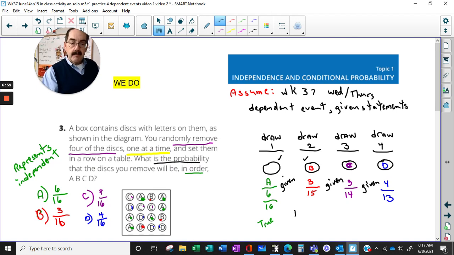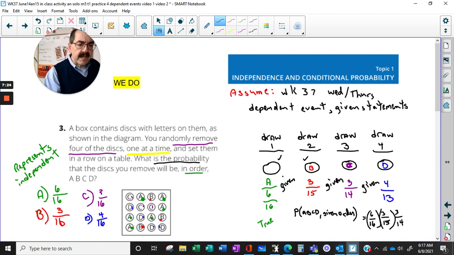Okay, the probability of an A, B, C, D given the order is 6 over 16 times 3 over 15 times 3 over 14 times 4 over 13.